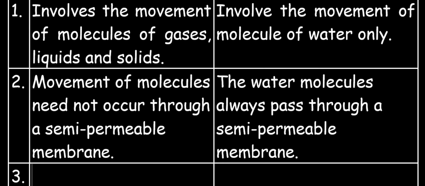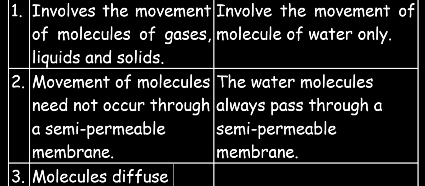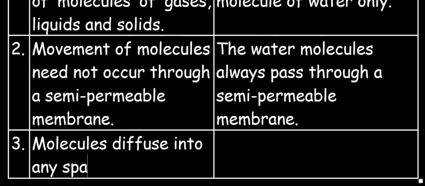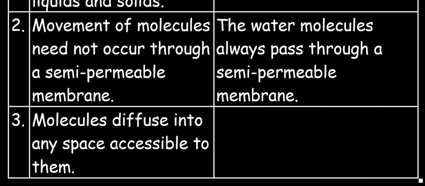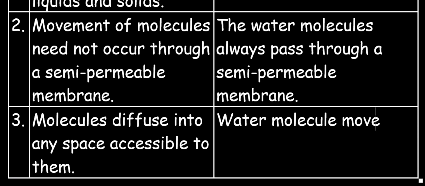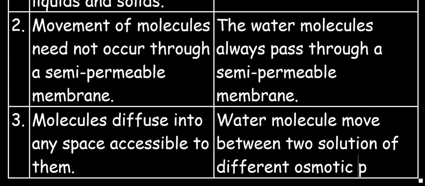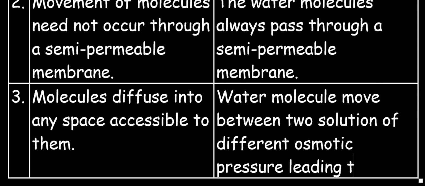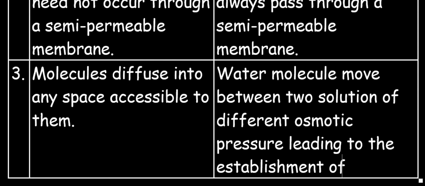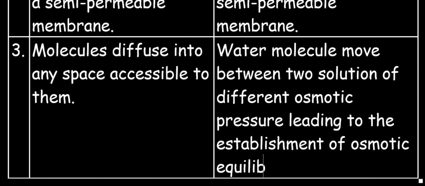Number 3. In diffusion, molecules will diffuse into any space accessible to them. But in osmosis, water molecules move between two solutions of different osmotic pressure, and this will lead to the establishment of an osmotic equilibrium.